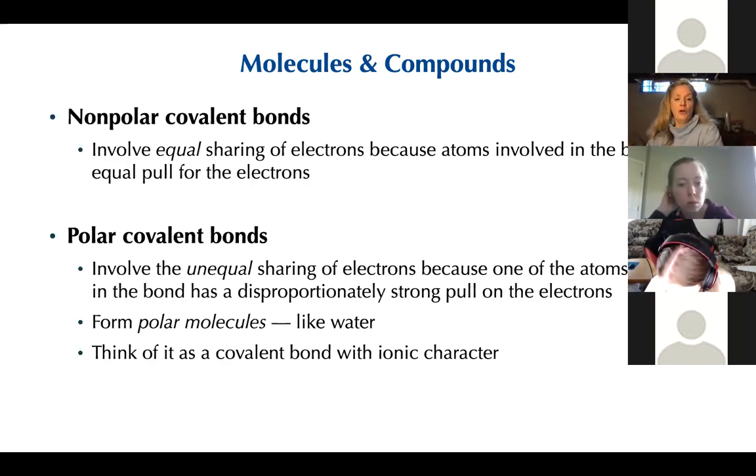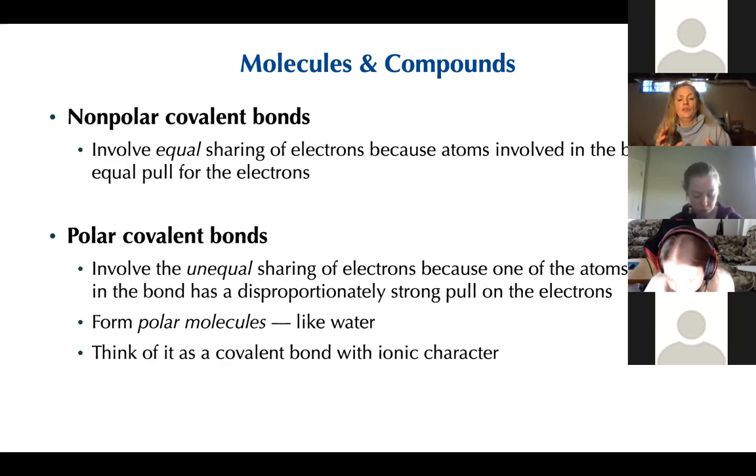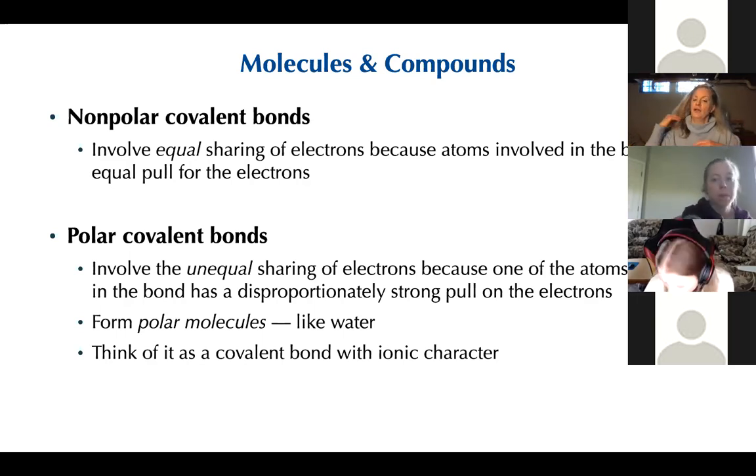Our non-polar covalent bonds are the relationship that we're all looking for, where we're all happy, equal sharing, everybody is accepted. And our polar covalent bonds are, you got one dominant person and one sort of non-dominant person. You're sharing, but the sharing is a little bit unequal. Somebody's doing more of the housework, maybe somebody else is earning more of the money, right?